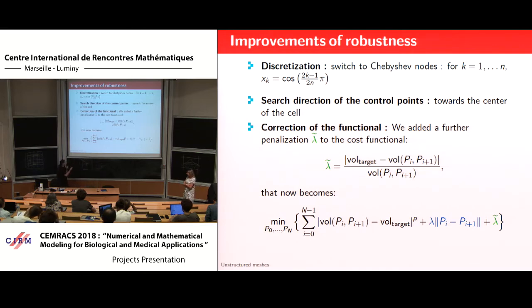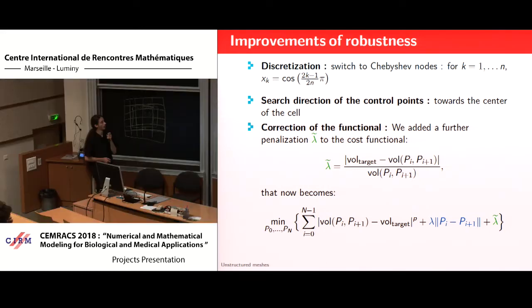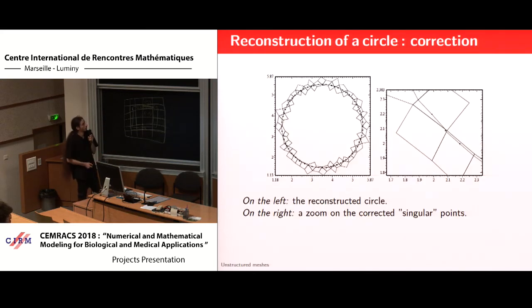If this volume is too small, this term will explode and the energy will be so big that in the dynamic programming, the path will never be chosen. So you can see that using this penalization, we no longer have the singular points problem.